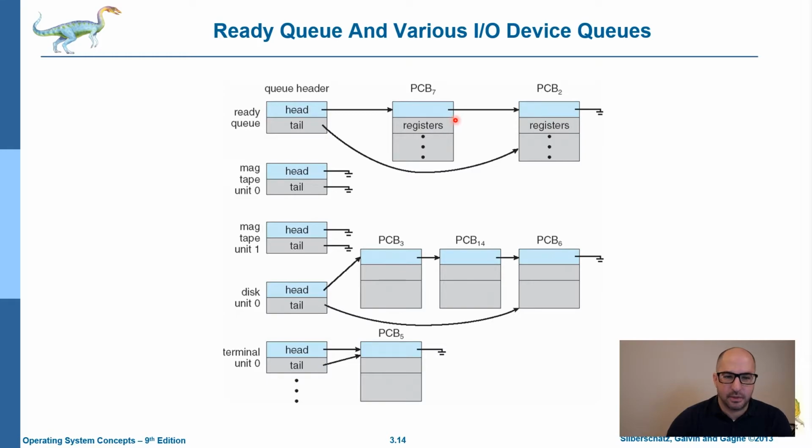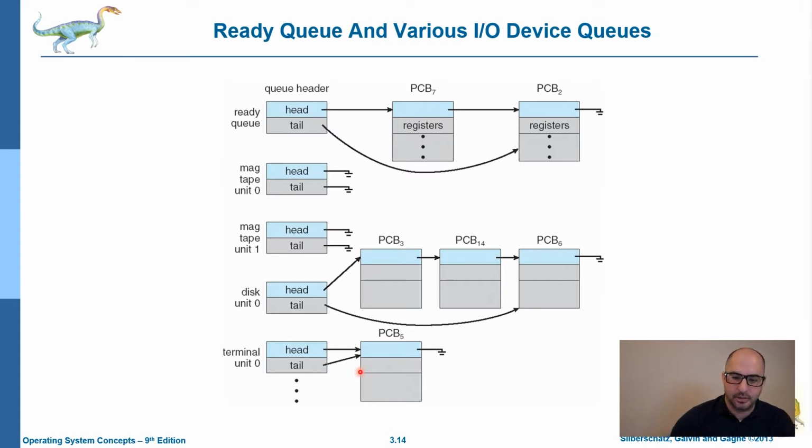So a process in the ready queue, indicated by a process control block, might move to the processor to execute, and then when it makes a request for information from or to the terminal, it will go into the queue for that terminal, and there it will be waiting until the operation completes.